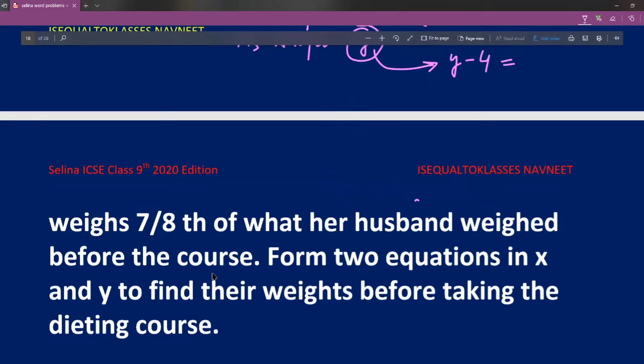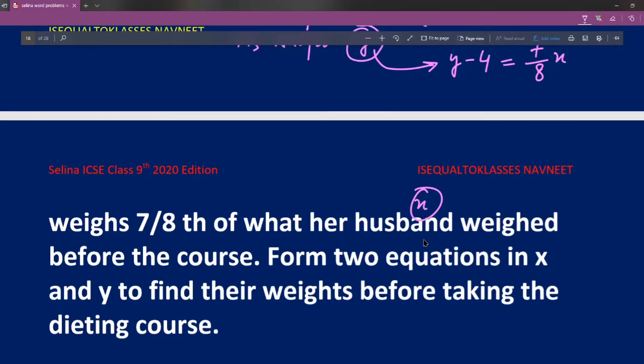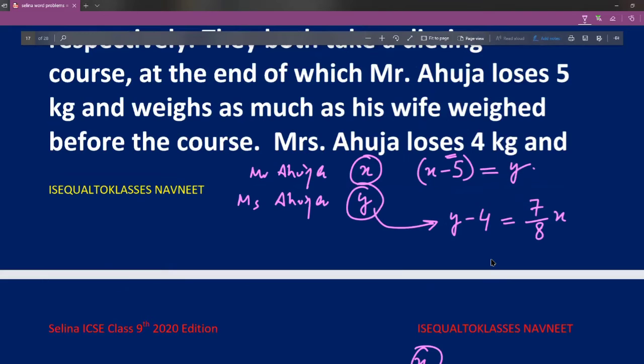Her husband weighed x kg before the dieting course. So y minus 4 would be equal to 7/8 of x. I hope it is clear. We have formed two equations to find their weights before taking the dieting course. This is equation 1. This is equation 2.